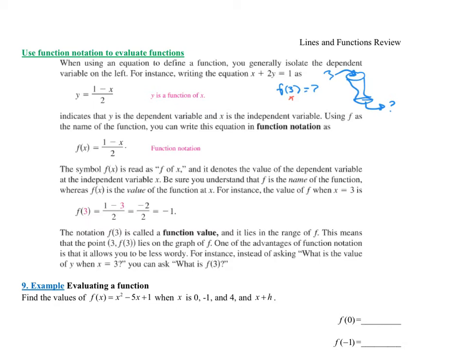Okay, so f of x, f of 3 means the input variable is x, you plug in 3 for x, tell me what the output is. And this is called function notation, and when you plug in the number and you get it out, that's called the function value. So let's take a look at this real quick.